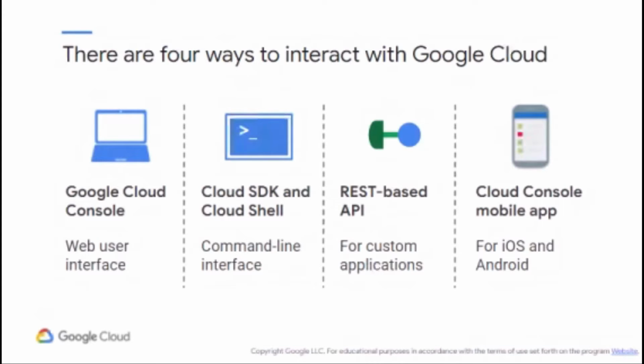That is Google Cloud Console, which is basically the web user interface, which you must have interacted with when you were trying to complete the first challenge lab, which was there to take the free credits for 2 months. Right. Then we have Cloud SDK and Cloud Shell. We will be talking more about this. Then we have the REST-based API and also the Cloud Console mobile app.